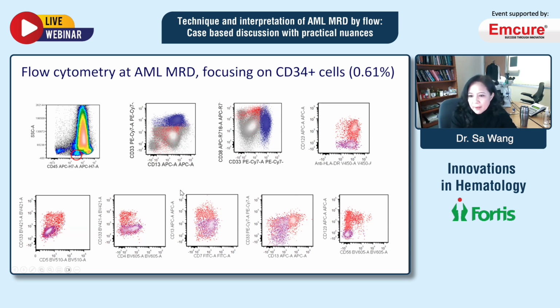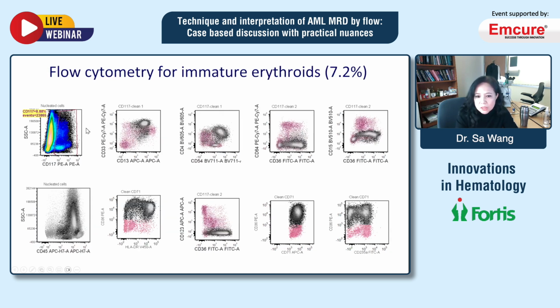Another important thing is looking at the CD117 gate, because if you want to look at erythroid, we usually look at the immature ones. We gate on all the CD117 positive cells, including high scatter. For the CD117 positive cells, you can see it goes all the way to what we thought were granulocytes.